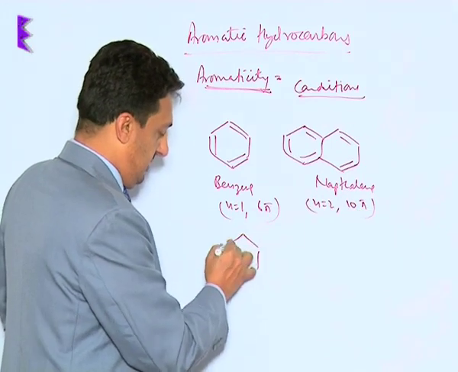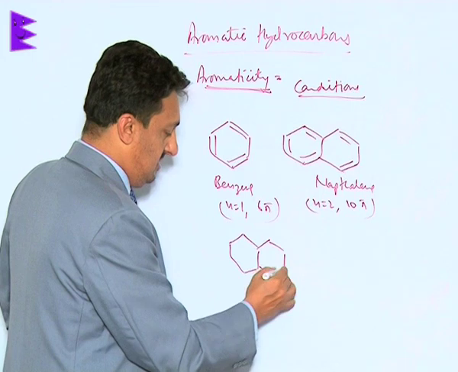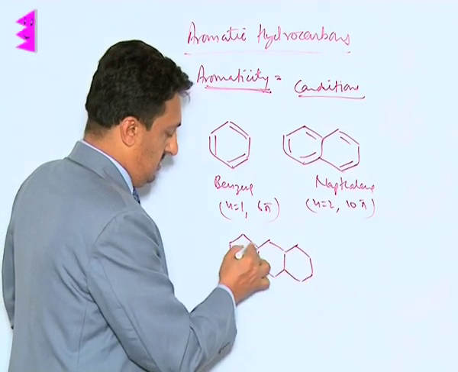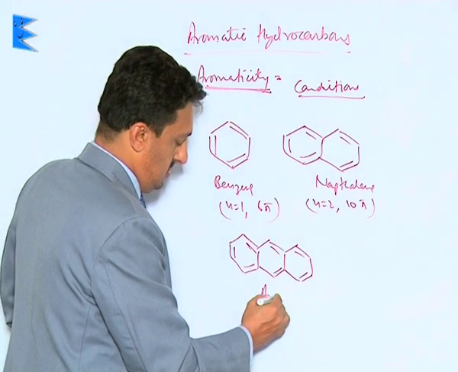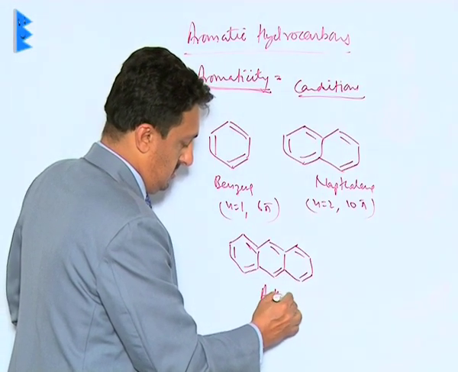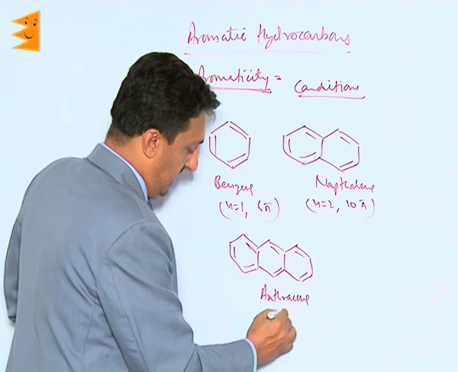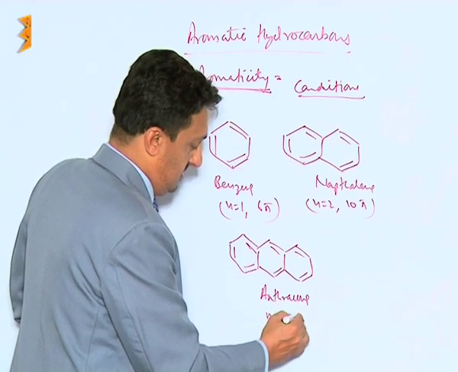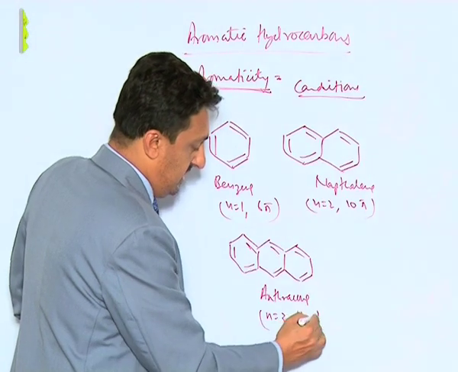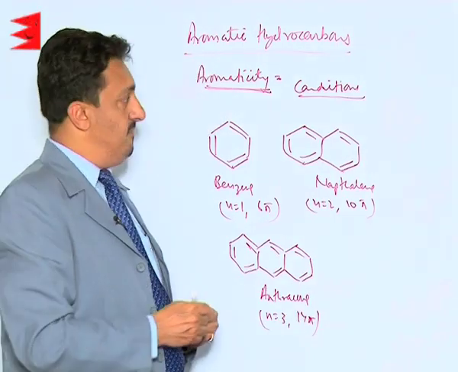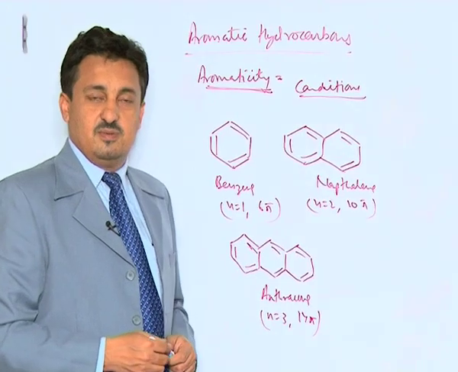We have anthracene, where n is 3 and we have 14 pi electrons. So this is how we have aromatic compounds.